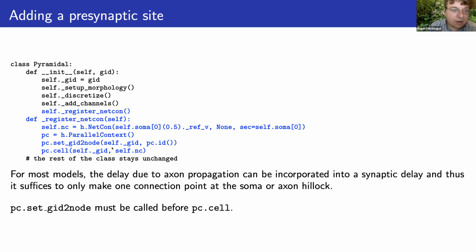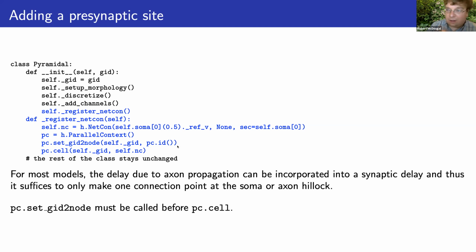And we'll identify that, hey, by the way, this GID is going to belong to whatever identifier. So I'm going to go ahead and construct my netcon, claim that I own this. pc.id is whatever my processor number is.